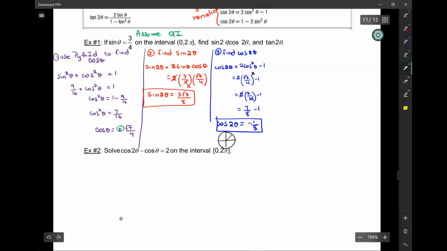Suppose the angle was 50. Where would 2 theta be? Second quadrant, and what would the cosine of that be? Negative. So where is the break point? After what angle is 2 theta going to go into the second quadrant? 45. So when the angle is 45, 2 theta is 90.